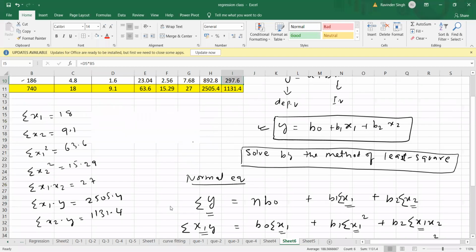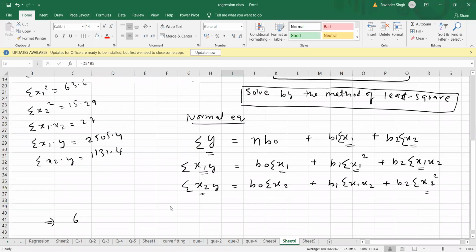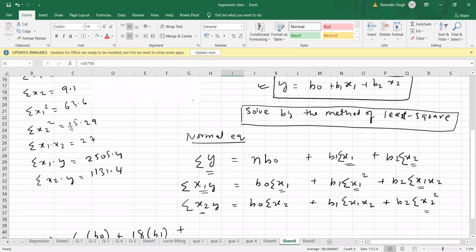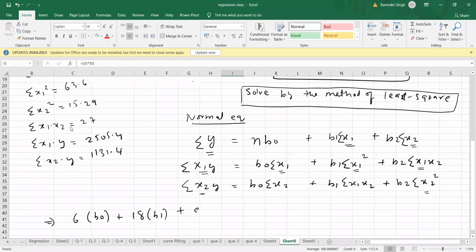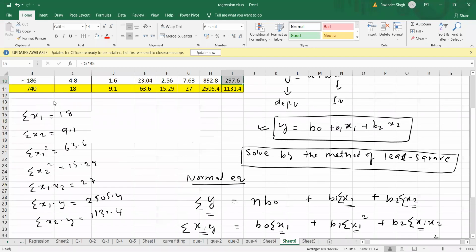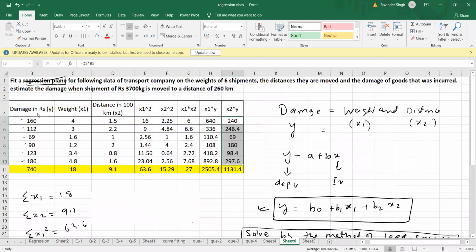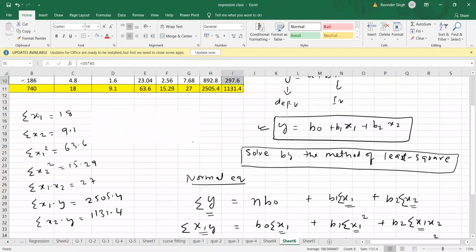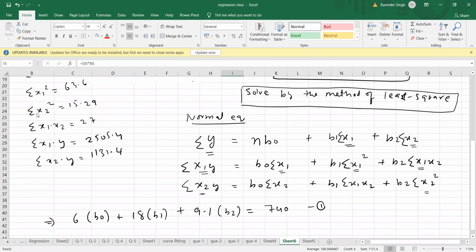So this will be 6 times b naught plus summation of x1, which is 18, times b1 plus summation of x2, which is 9.1, times b2 is equal to summation of y. What is summation of y? 740. This is equation number 1.